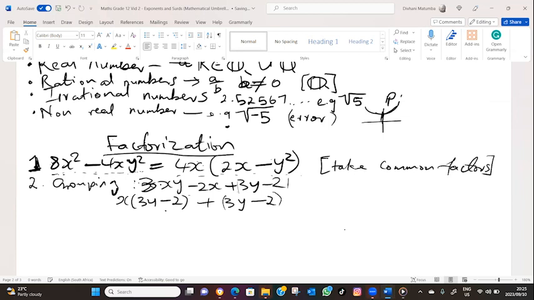Now, we have a common factor again. So if we take out the common factor, which is 3y minus 2, we are left with x plus, if we take out that common factor, we are left with 1. So this is it.